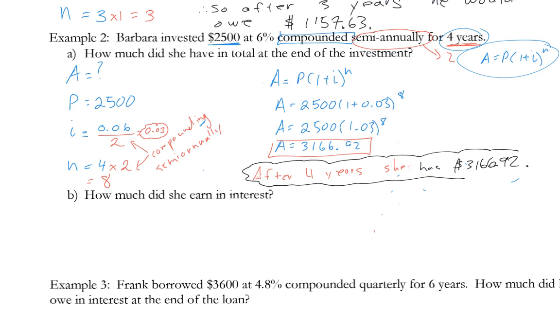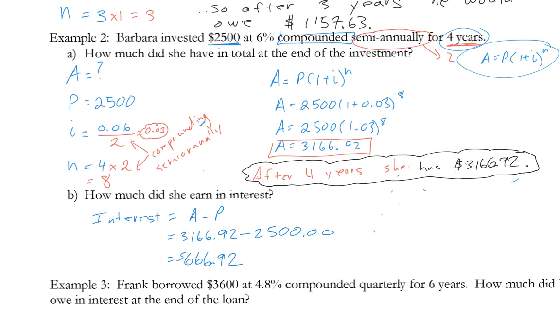Now, the next question you should ask is, how much does she earn in her investment? Here's how you calculate interest. Interest is just basically the amount that we have at the end minus the original principal. So in this case, we're going to write $3,166.92 minus $2,500, which gives us a final answer of $666.92.